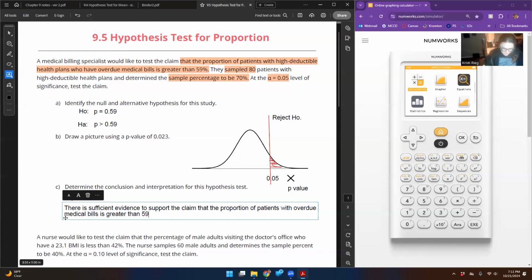I didn't make it too short, but I erased the whole high deductible health plan. But anyways, because we are rejecting the null, that means there is sufficient evidence to support the claim, and then we just rewrite the claim. It's greater than 59%.